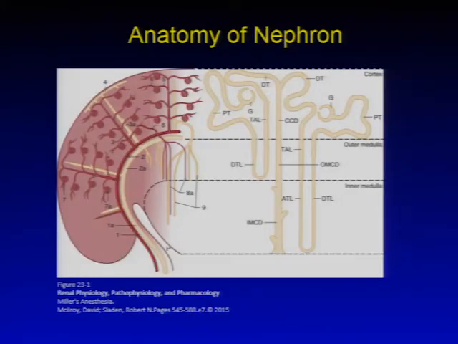Here is the basic structure of the nephron. The nephron, as we all know, is the structural and functional unit of the kidney. There are about 2 million nephrons in each kidney.